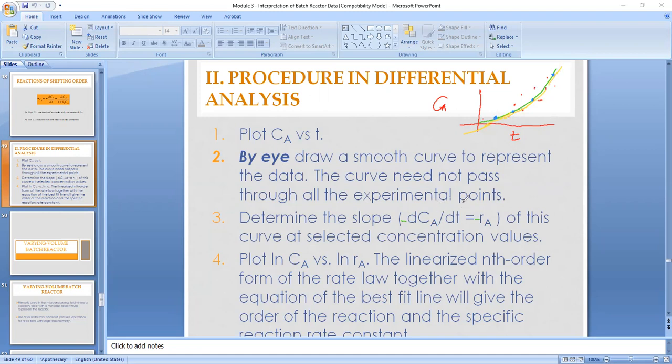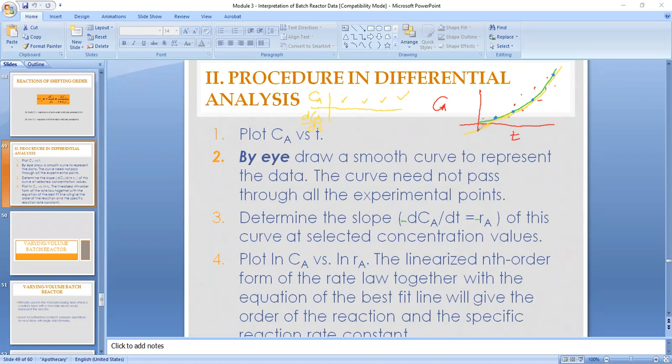The slope of this line is your dCA/dt. So for the corresponding values, you will have a new table now, class. For a particular CA value, the CA value in blue, because you have chosen that, you just read the CA values here. So let's say in our case, we have 4. For the CA values, you will write down the slope, which is the dCA/dt.